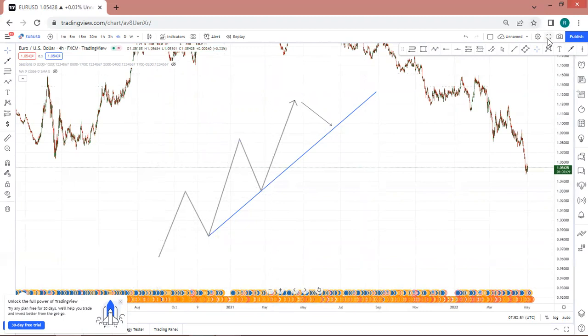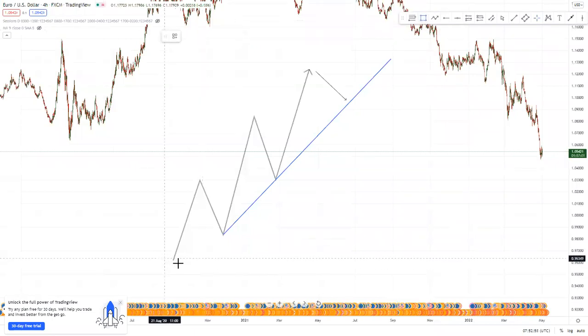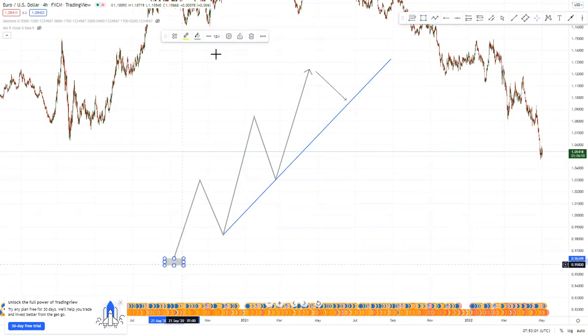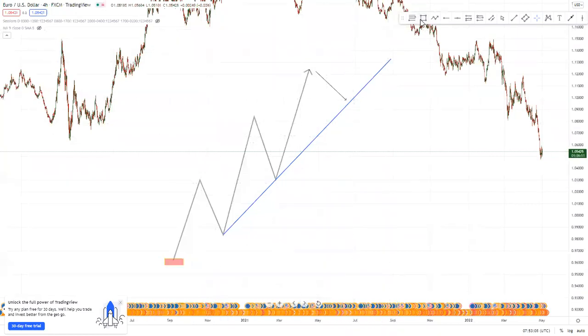The market is coming from here, then moved to this side, then to this side, then to this side, creating a higher high and a higher low. Then to this side, then to this side.